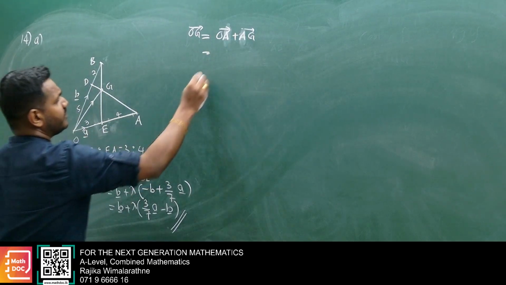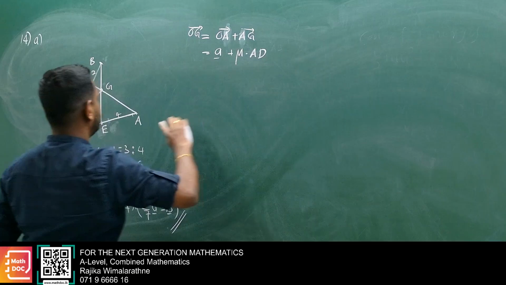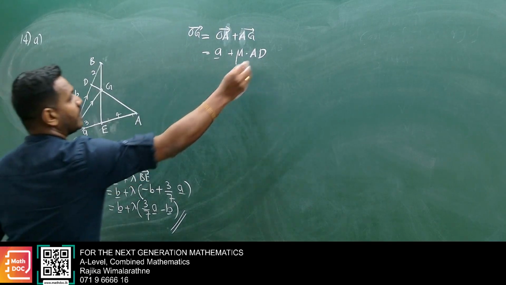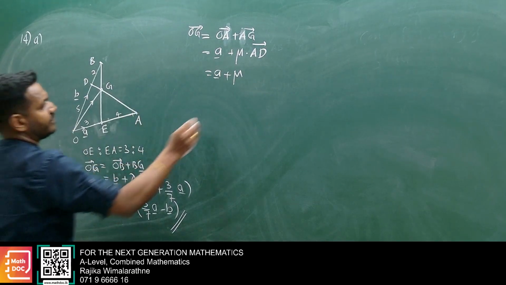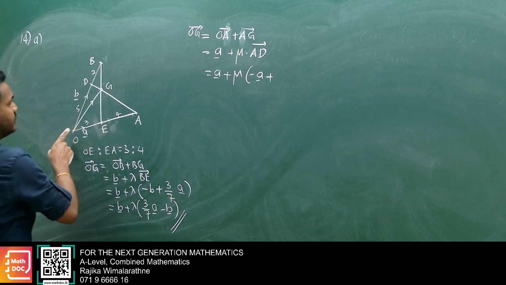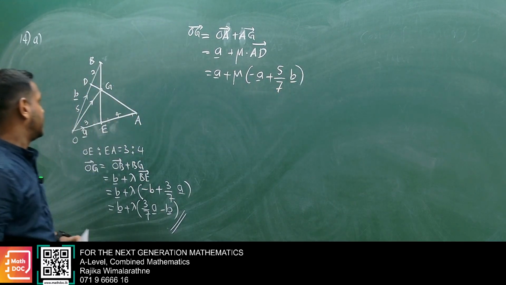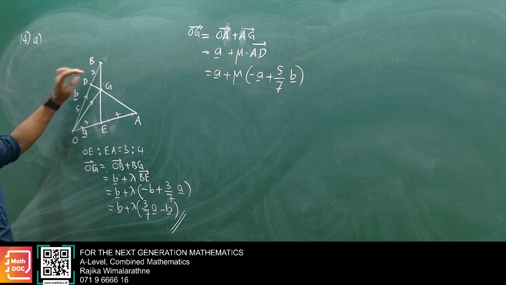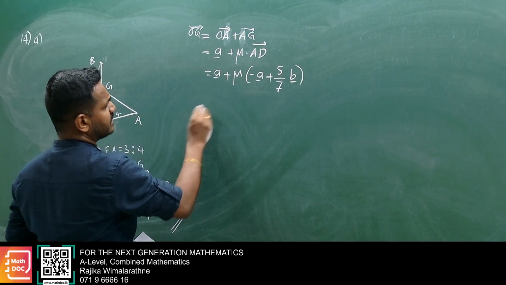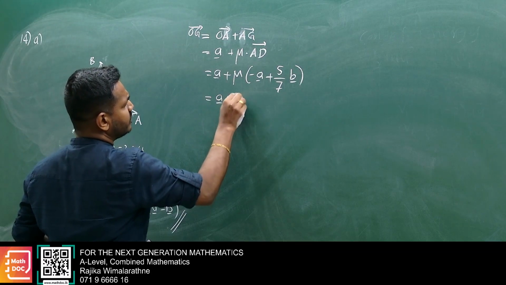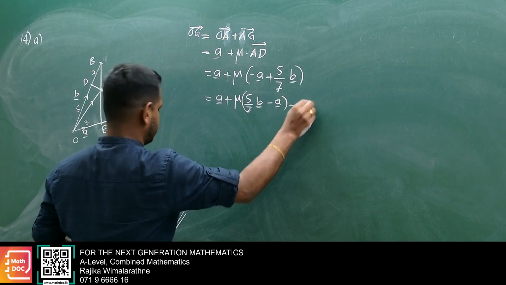Then OA is vector A, AG is mu times AD, since A, G, D are on the same line. AD equals minus A plus 5 over 7 B. Your ratio is 5 to 2, so you need 5 times B over 7. Then here the second relation: OG equals A plus mu times (5 over 7 B minus A). Here the second relation, here the first relation.